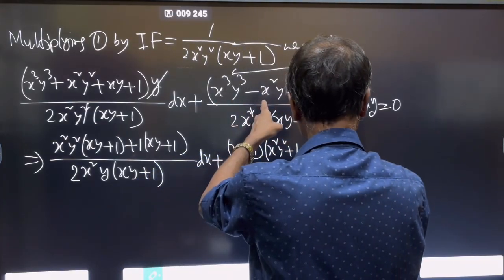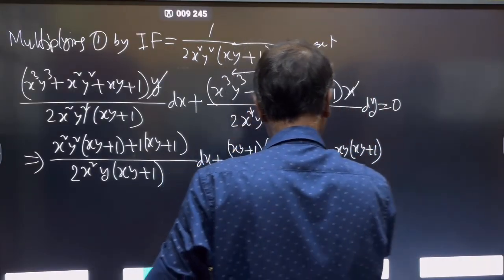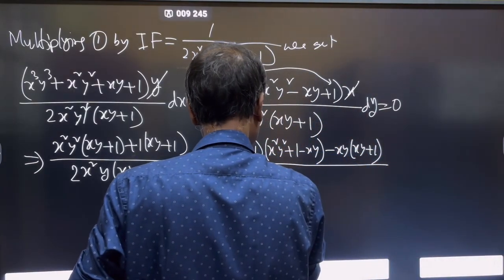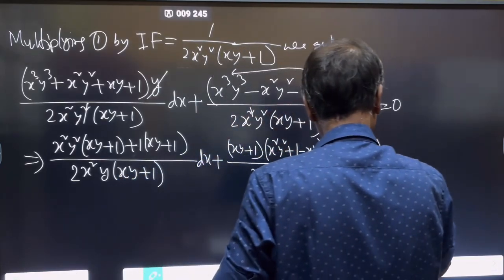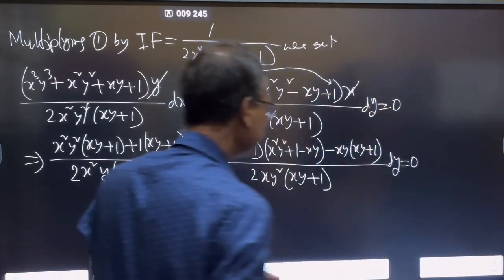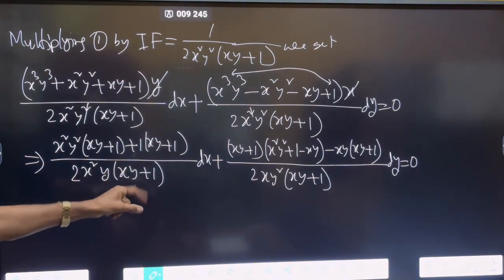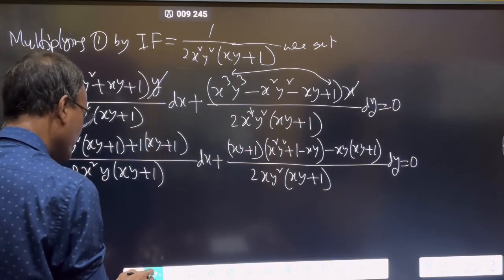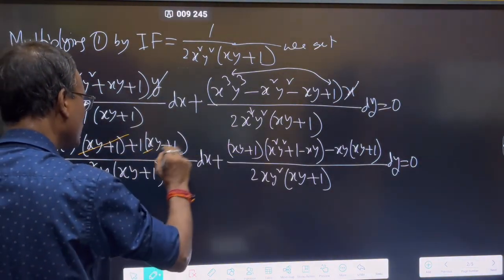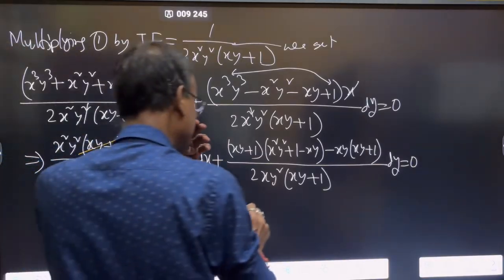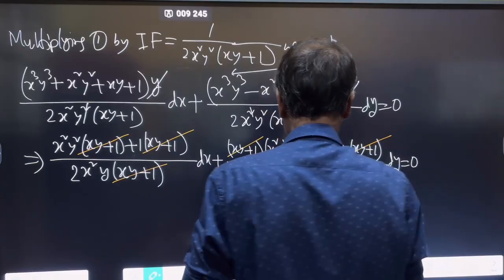A square plus b square minus ab minus xy. For these two terms, xy plus 1, you may write like this, divided by 2 times of xy square, xy plus 1 dy equal to 0. Now this xy plus 1, this xy plus 1, this xy plus 1 will be cancelled.